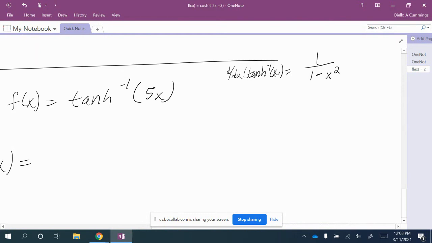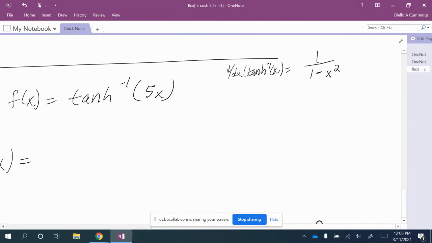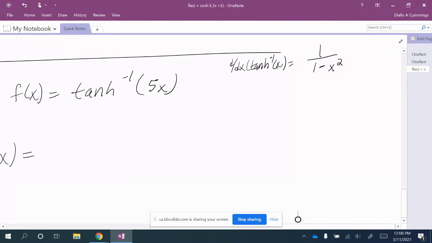So keep in mind, this is the derivative for x. We have 5x, so we must make a substitution. I'm going to let u equal 5x.